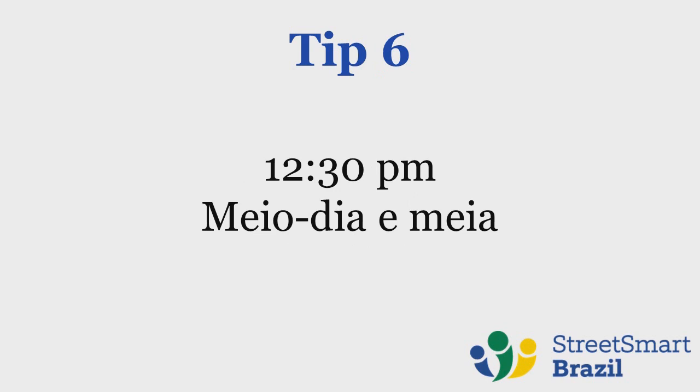To say 12:30 p.m., meio-dia e meia. And the reason I'm showing this specific example is because so many Brazilians say this wrong. They say meio-dia, but then they put the last word in the masculine. They say meio, but we're talking about a half hour. So it's feminine. It has to be in the feminine. Meio-dia e meia.